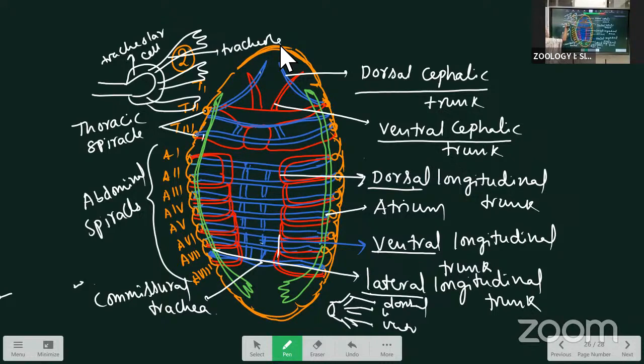This is normally the active time. In the active time, the cells are present and the tracheoles are present inside. These tracheoles don't have the tracheolar fluid. I will take one more board.